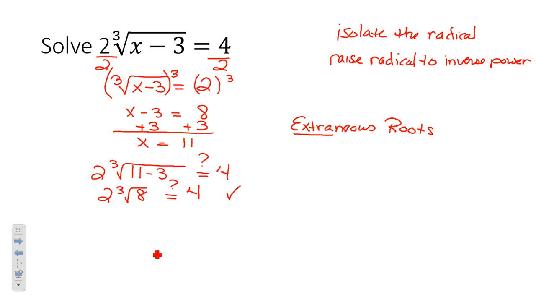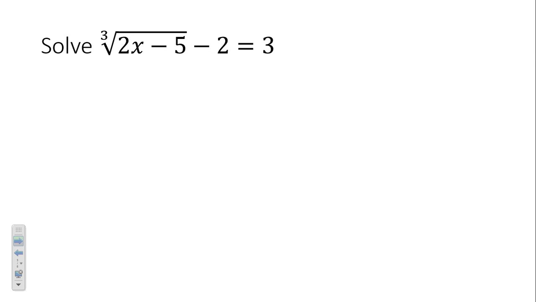Okay, next one. Now we want to solve the cube root of 2x minus 5, minus 2, is equal to 3. So what will be the first step of this one? Sydney, what's the first thing we're going to do here?